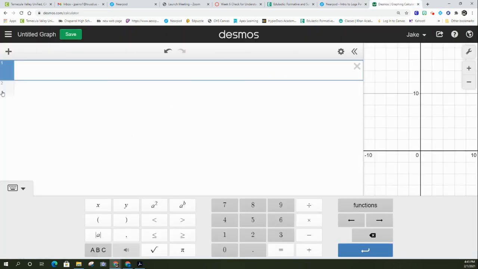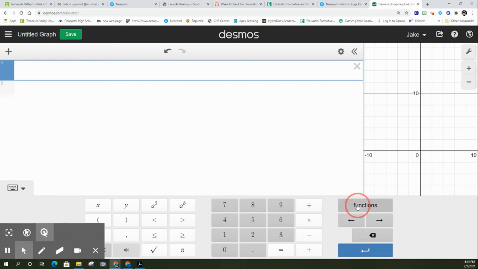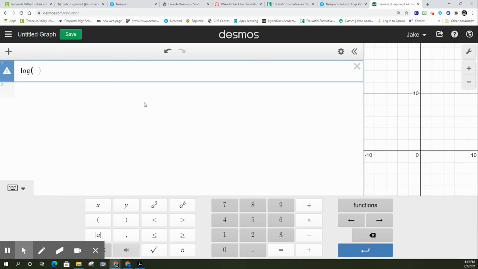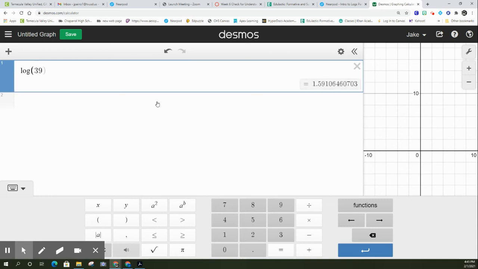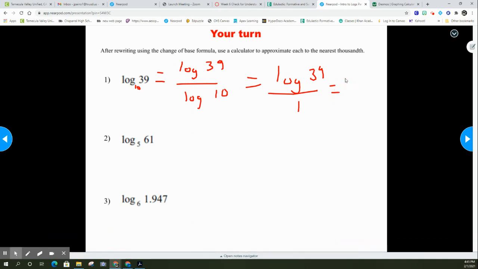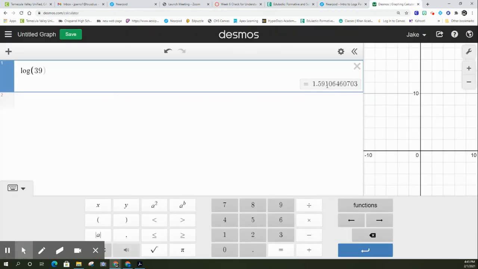We come over to our calculator. I like to use Desmos. If you come over, get the keyboard up, hit this function button here, you have the log button right there. So log of 39 equals 1.591. That's our answer. It says to the nearest thousandth. Thousandths is the third decimal: tenths, hundredths, thousandths.